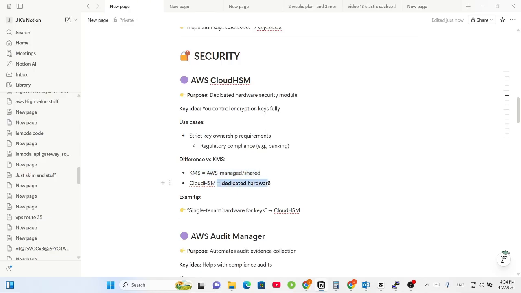CloudHSM equals dedicated hardware. Okay. Basically, it's dedicated hardware. This is the difference. A single-tenant hardware for keys. Basically, it's CloudHSM. Just remember that one.